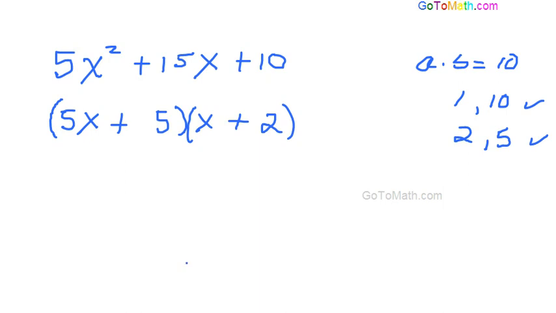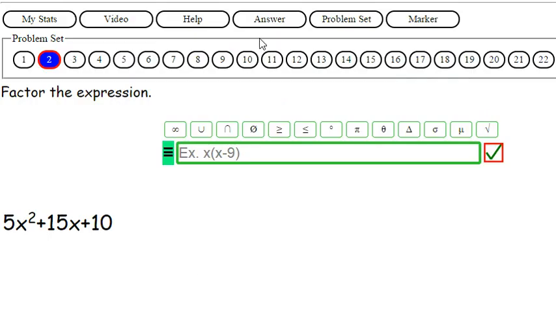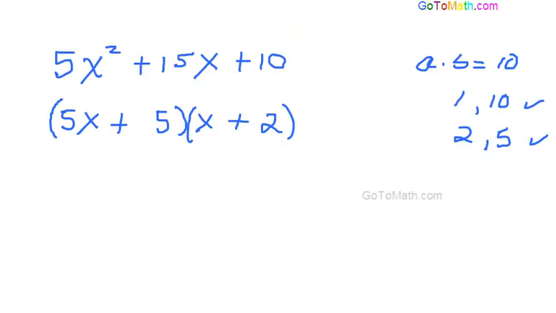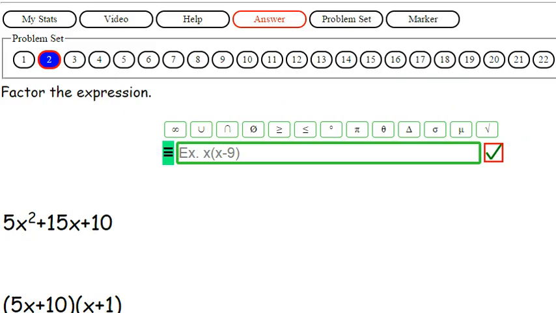Alright, so let's go over to the board and check that out. And I also see something else that I need to add to all this. So we have 5x plus 5 and x plus 2. Whoa, x plus 1. This can only have one solution here.